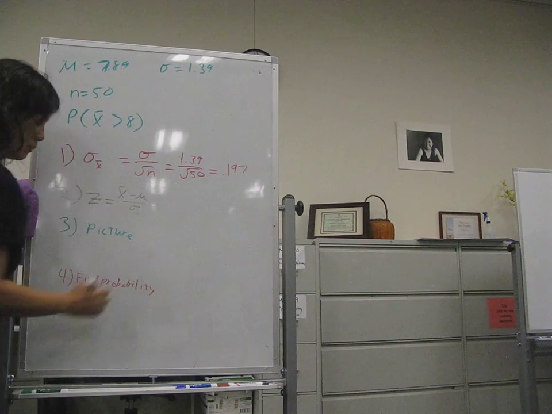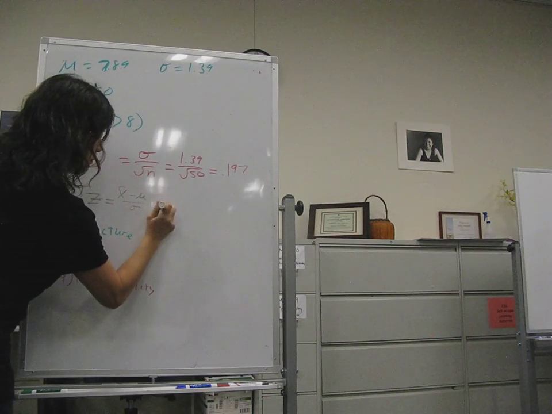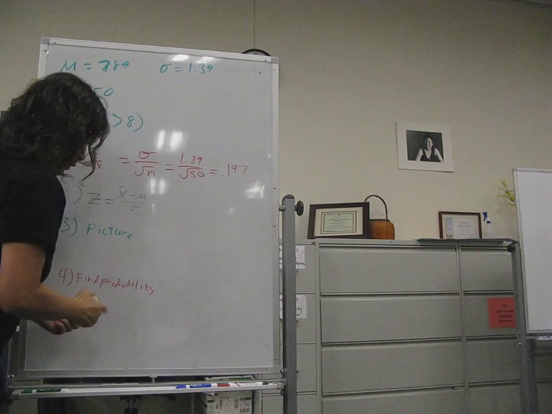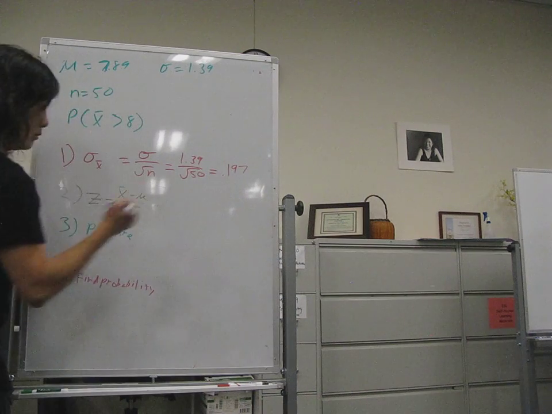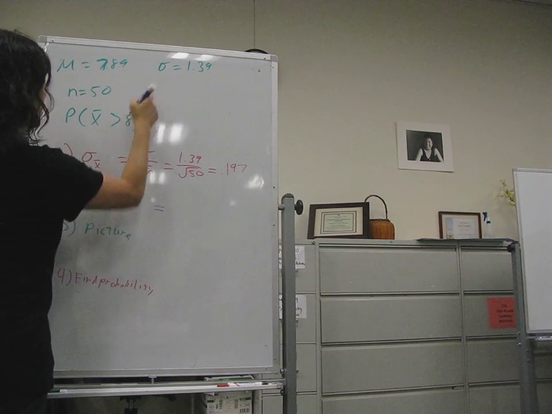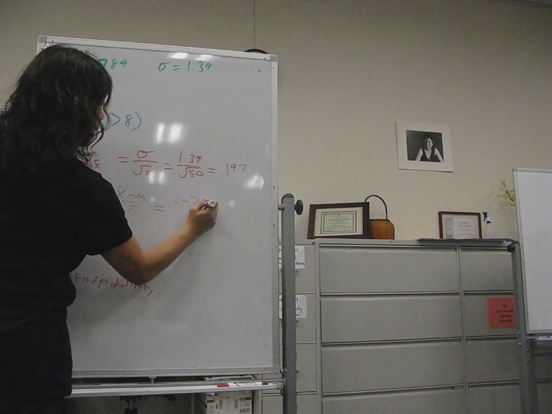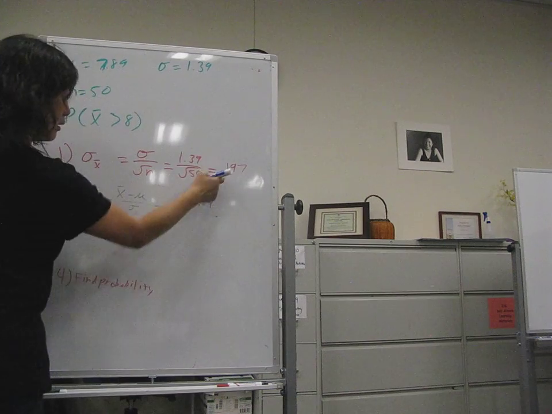So it's going to be 8 minus mu divided by 0.197.